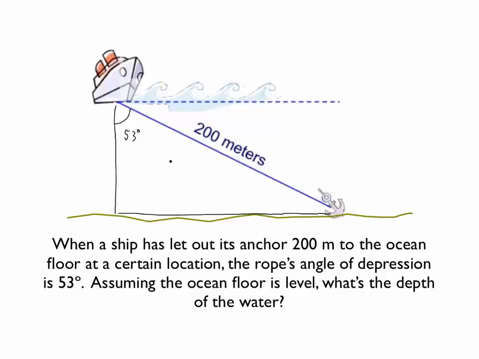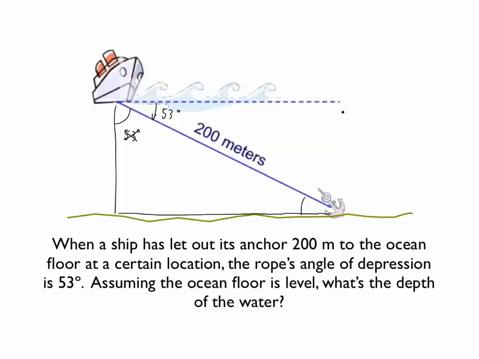So either you use a different triangle, or you recognize, well, that's not 53, but what is 53 in this triangle? This down here, right? Because your angle of depression is this one here, 53 degrees right there.